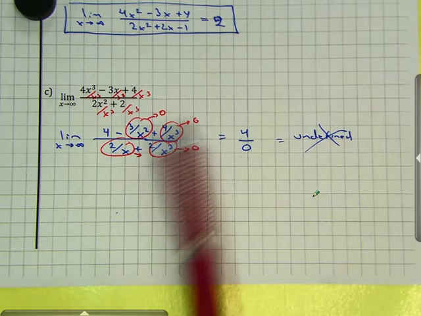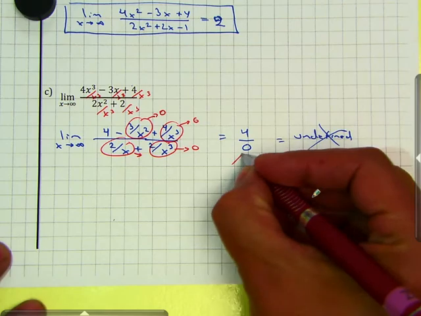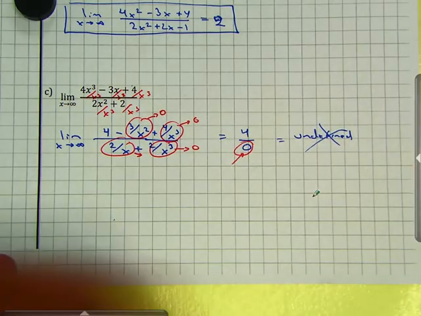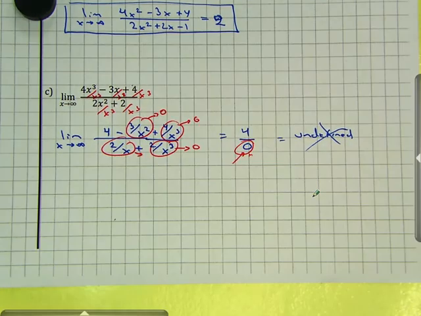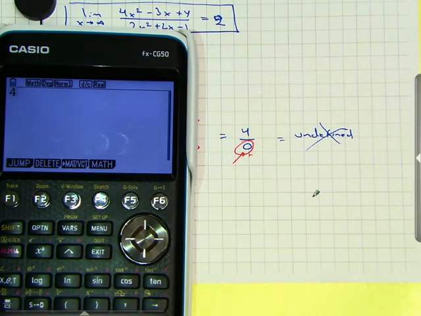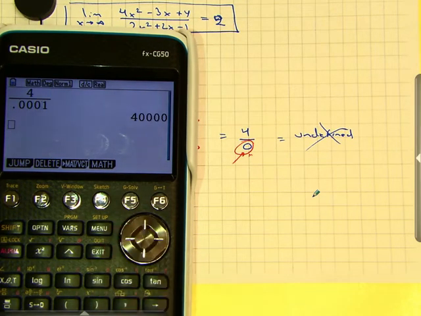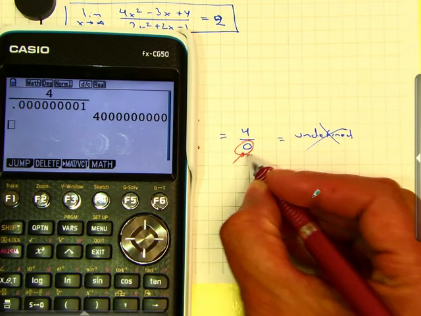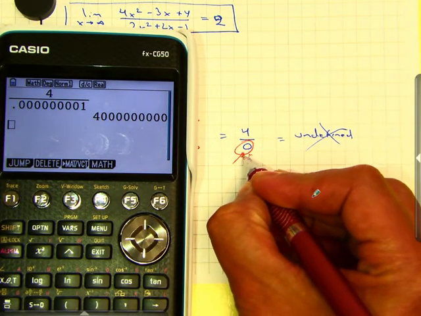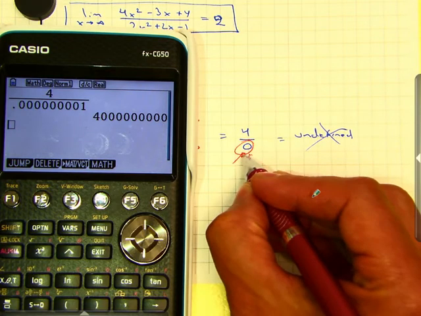Yeah. So this is wrong because this is approaching zero, but it's not. This value is getting smaller and smaller. And if I take a value of 4 and I divide by a small number, it's getting bigger. Even if I go back and I type in a smaller number, it's getting bigger. So even though this is getting smaller and smaller, it's reaching zero, but it's not going to get to zero.